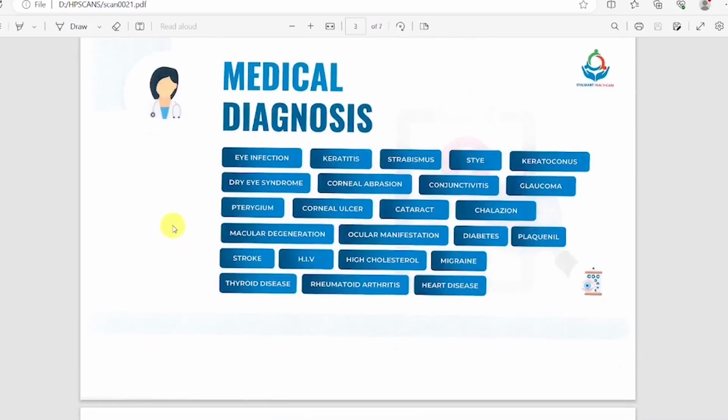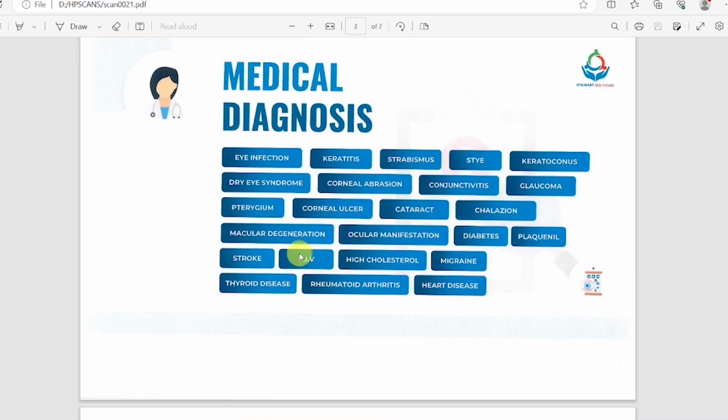Some medical diagnoses, for instance: eye infection, keratitis, strabismus, styes, keratoconus, dry eye syndrome. You have a corneal abrasion, conjunctivitis. You're a glaucoma patient, pterygium, corneal ulcers, cataracts, chalazion.